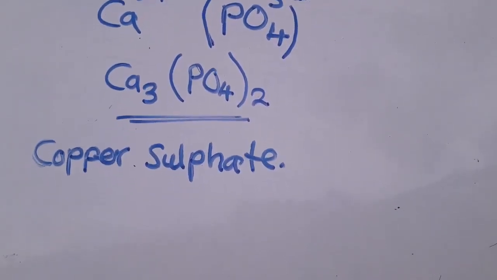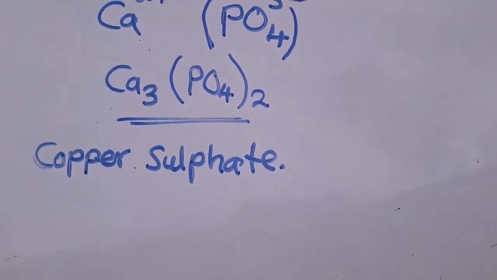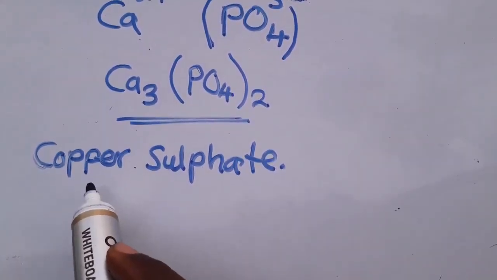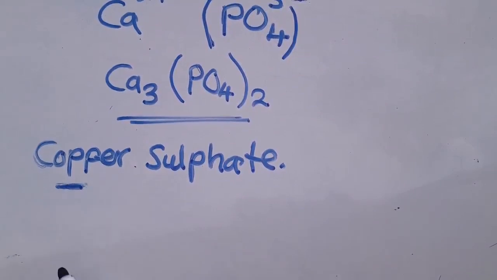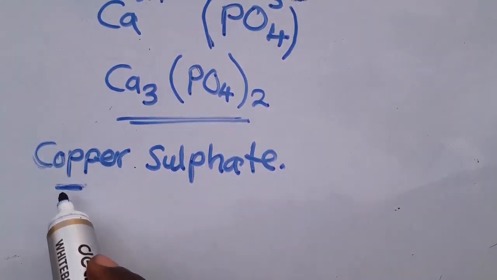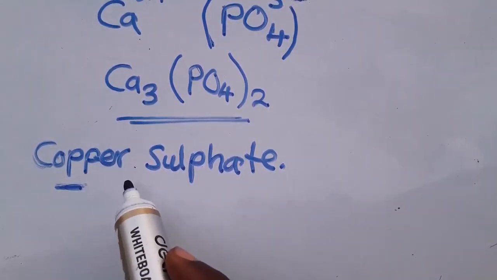If you look at copper, it is a transition metal, meaning that transition metals don't have a specific valence number, but it depends on how the question is. In this case, they have just told us copper sulfate, meaning you are using the valence as 1.